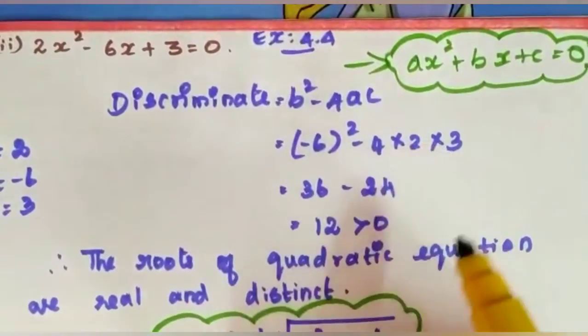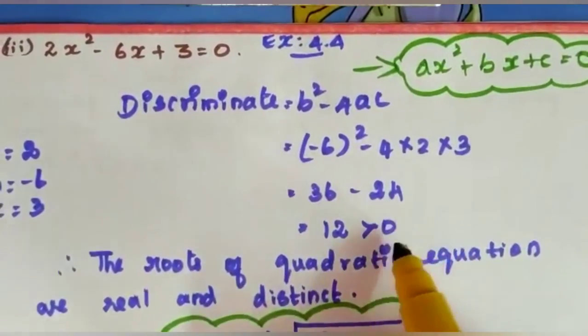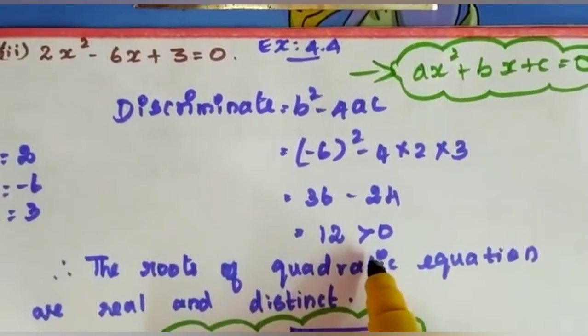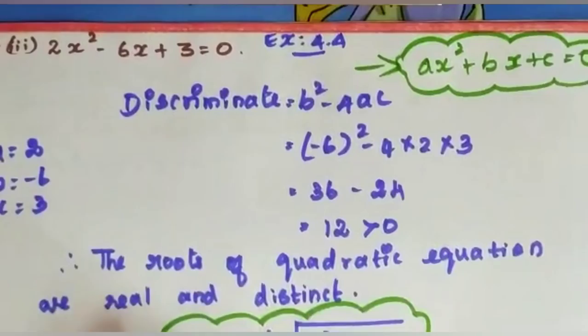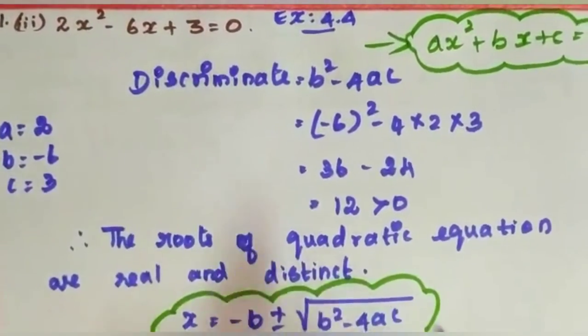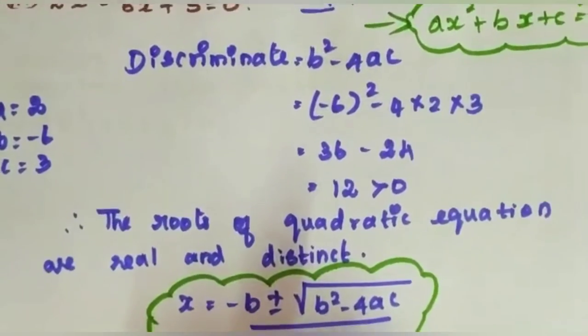Substitute all the values and you get 12. 12 is a positive value, that is greater than 0. If we get a positive value, we will get real and distinct roots. The roots of the quadratic equation are real and distinct.